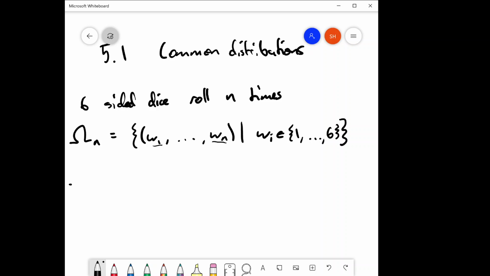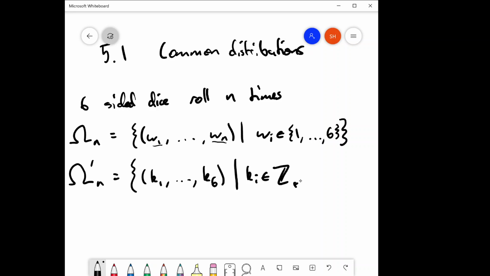Okay, but we could alternatively consider just this other set, k1 up to k6, where k_i is in Z plus, in other words 0, 1, 2, and so on, and with the sum of these k_i equals n.